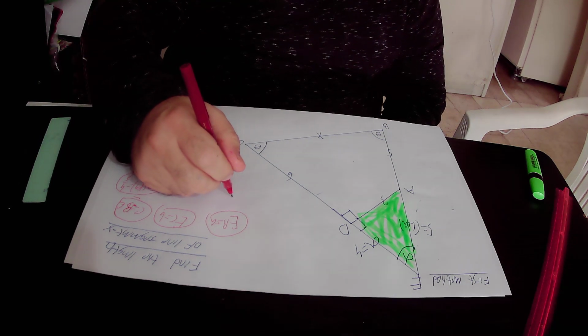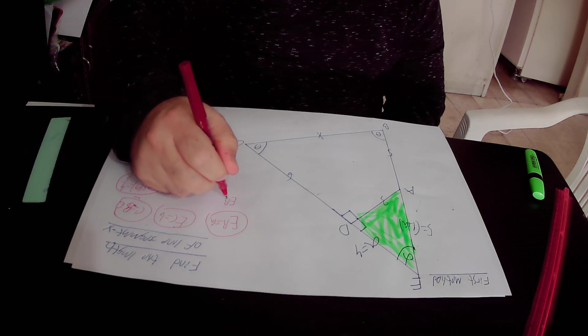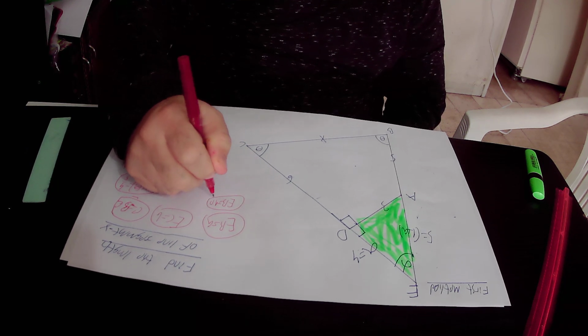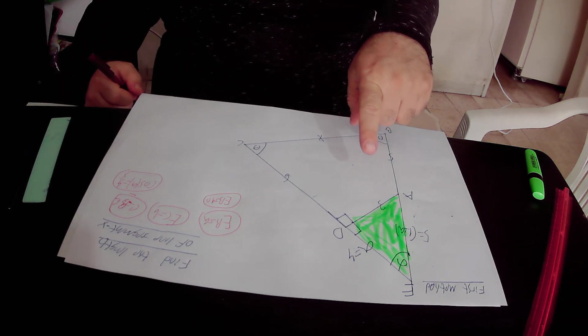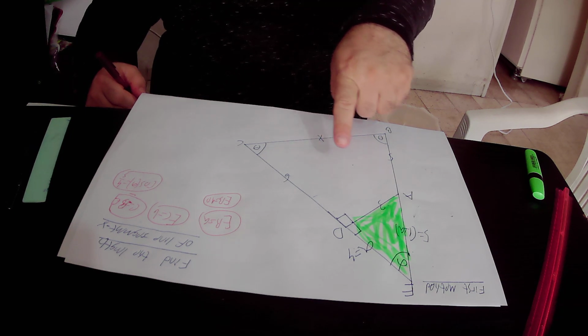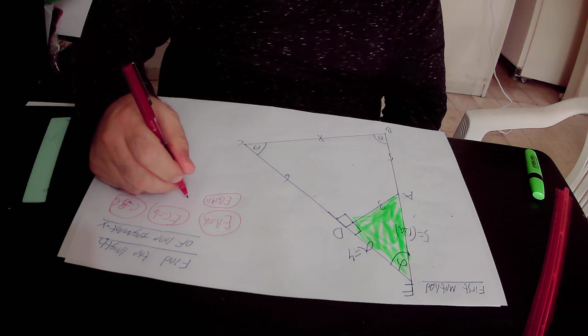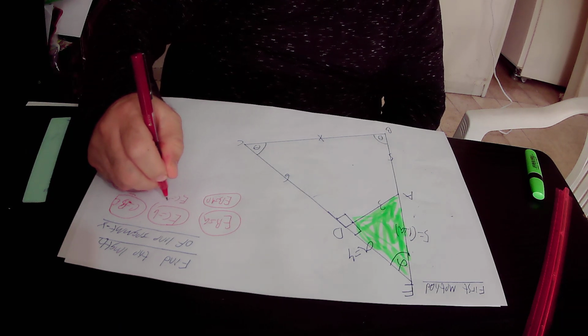So EB equals 10. EC is not only equal to b, but it is also equal to 4 plus 6, that is 10. So EC is also equal to 10.